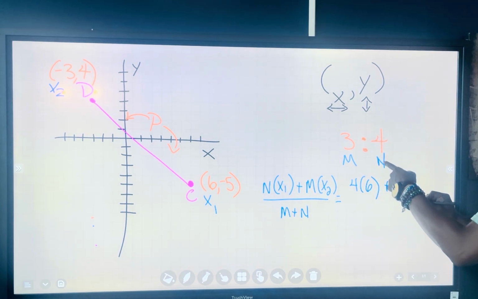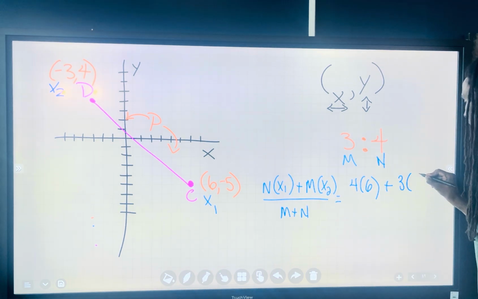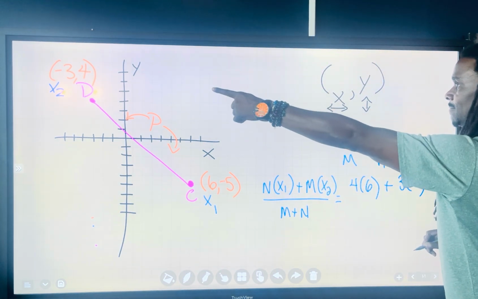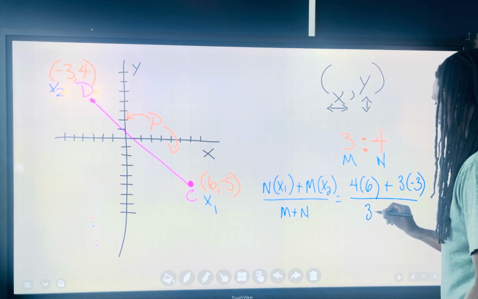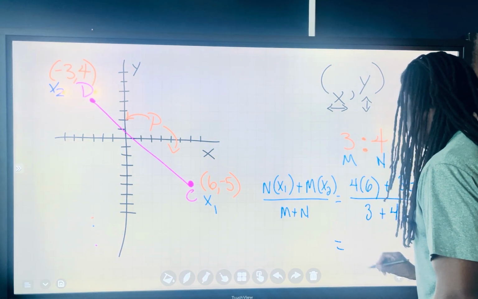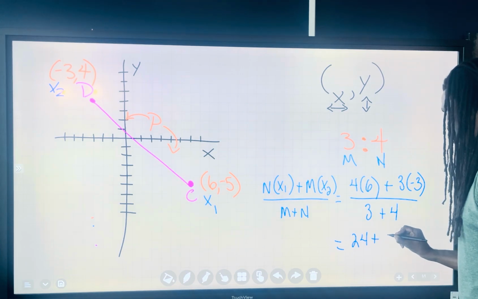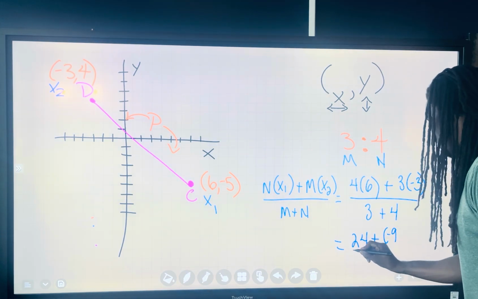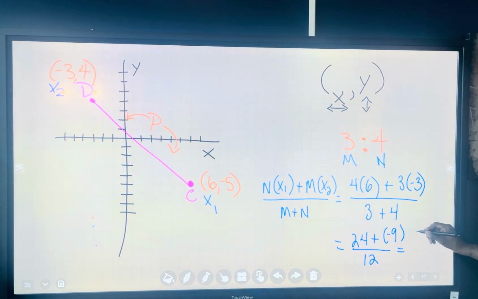Plus the N value, M, 3 times the X2 value, which is -3. Let's go, we cooking. And then my M value, you just added 3 plus 4 down here. So right here in the blue, the X value, you'll get 24 plus a -9, and all of that's divided by 12. 24 minus 9, that should be 15.